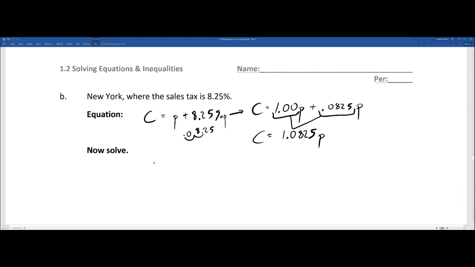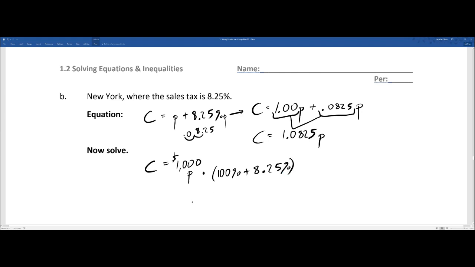So I'll tell you what, let's try this. Find me the cost if you were to pay $1,000 on, I don't know, a computer or something, with the tax. Okay, so you have a $1,000 purchase, so that is your P, but now you're multiplying it by the tax. So you have 100% plus the 8.25%.